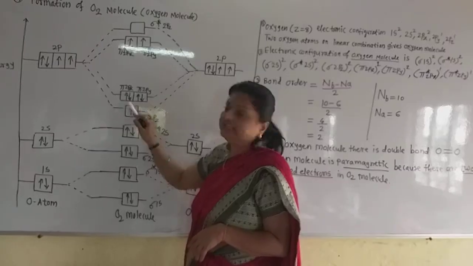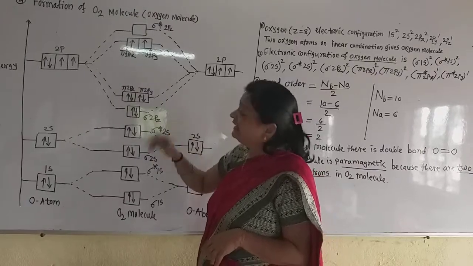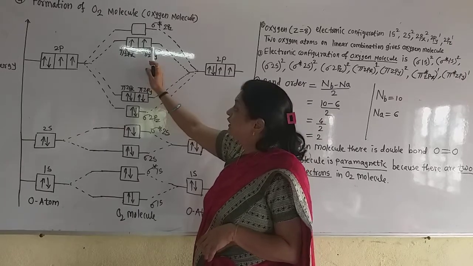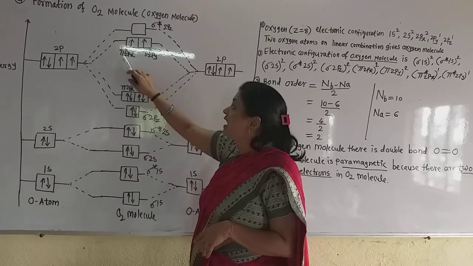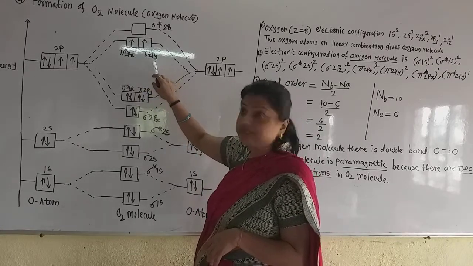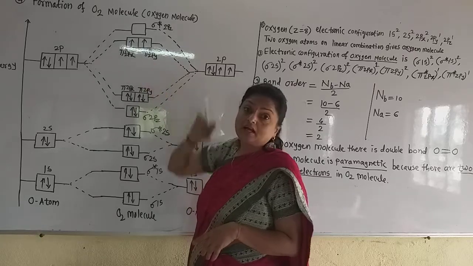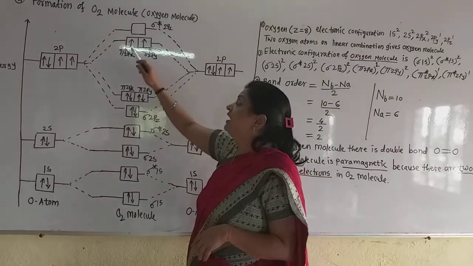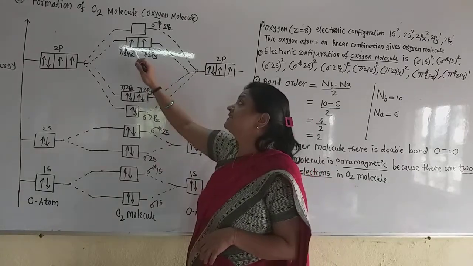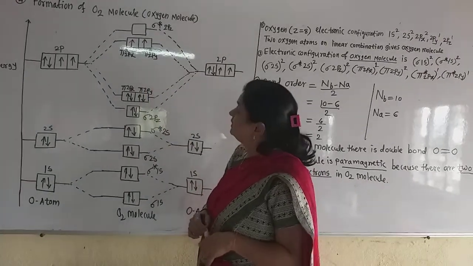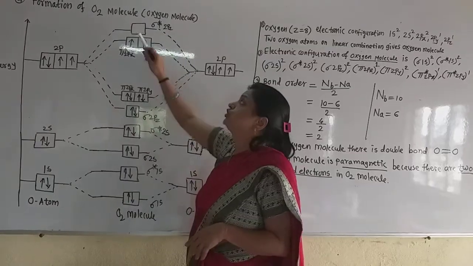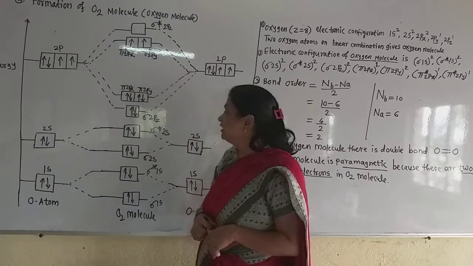Then the 7th and 8th electrons go with parallel spin into the antibonding pi star 2px and pi star 2py orbitals, filled singly, that is unpaired electrons. And this sigma star 2pz has the highest energy, so no electron is promoted into that orbital.